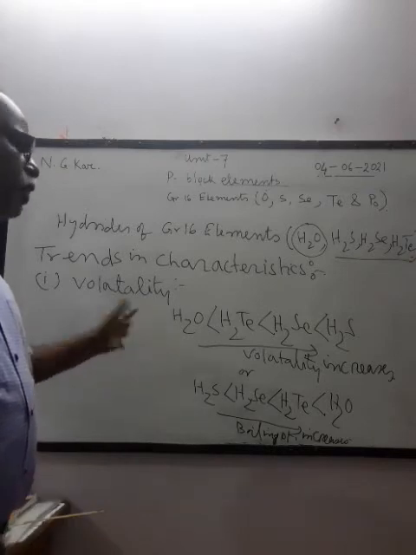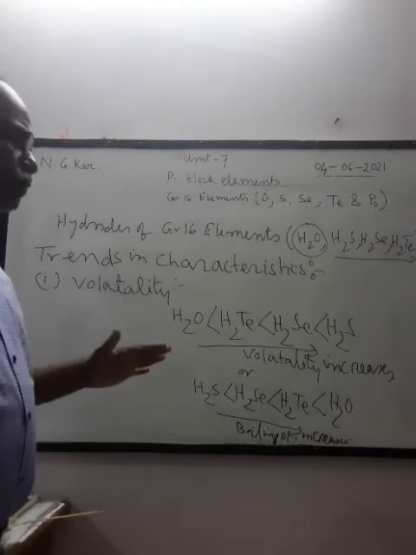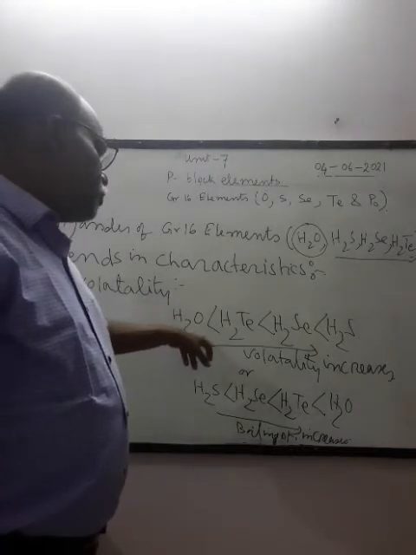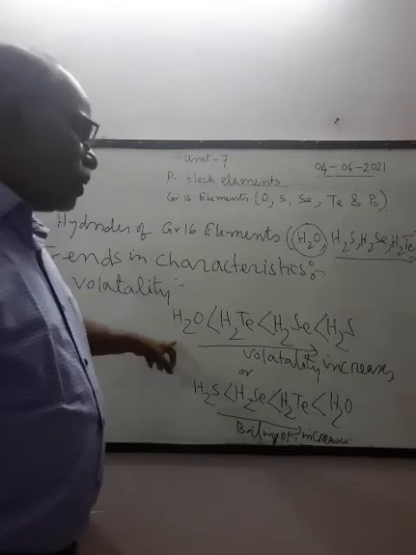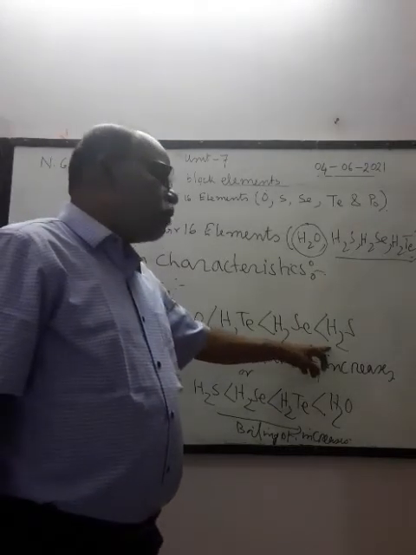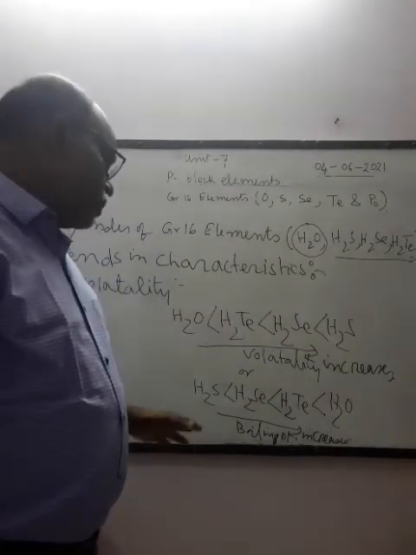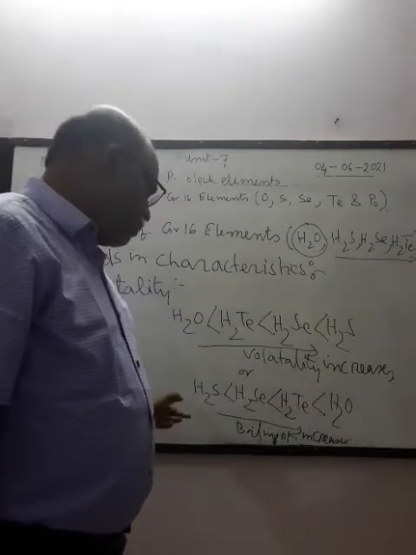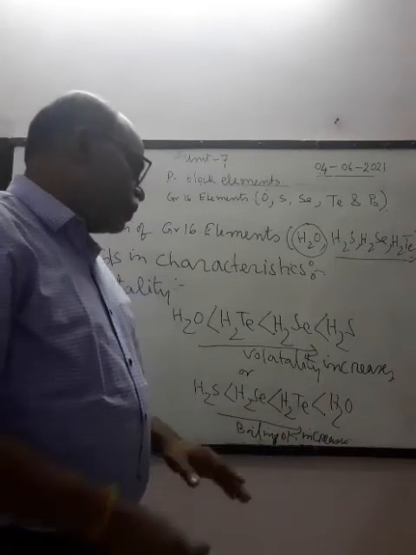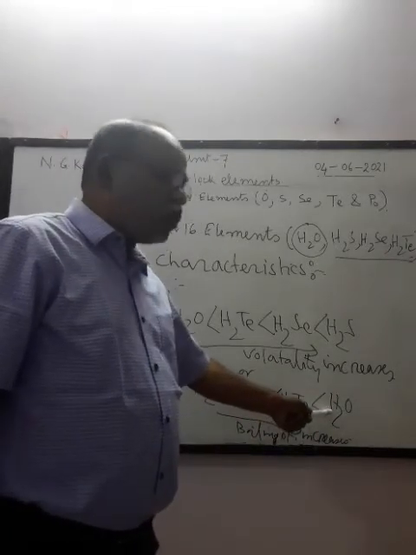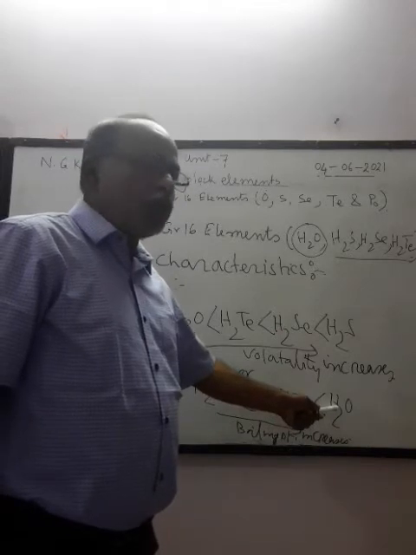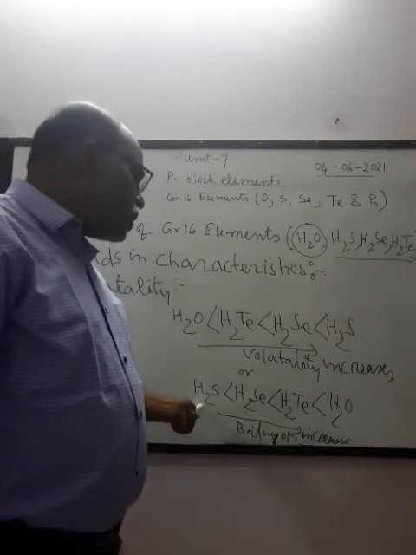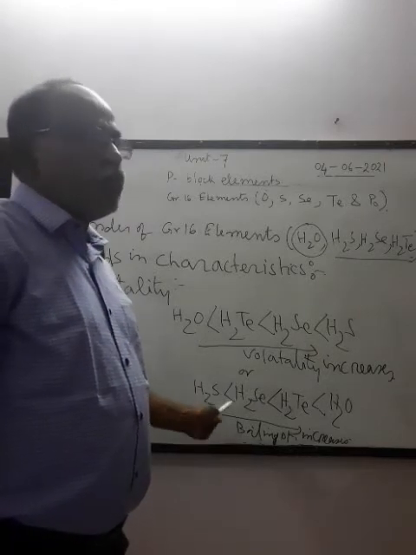Boiling point and volatility both depend on intermolecular forces. If the intermolecular force is strong, volatility is least, and if the intermolecular force is weak, volatility is highest. Here the highest boiling point is because of strong intermolecular forces, which is hydrogen bonding, and here the least boiling point is because of the weakest intermolecular forces, that is van der Waals forces.